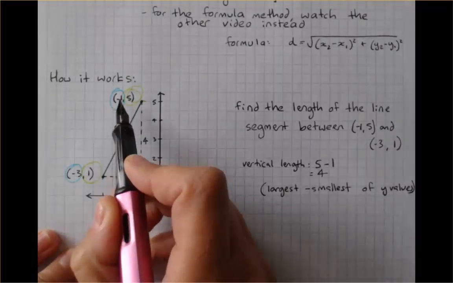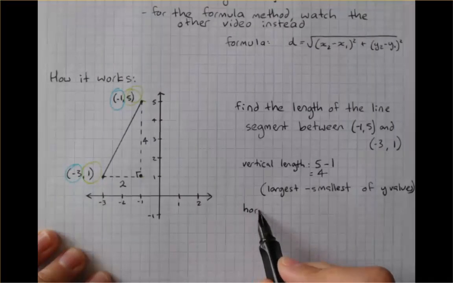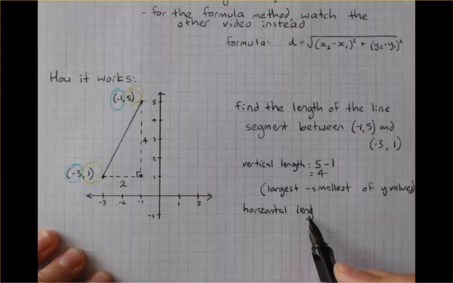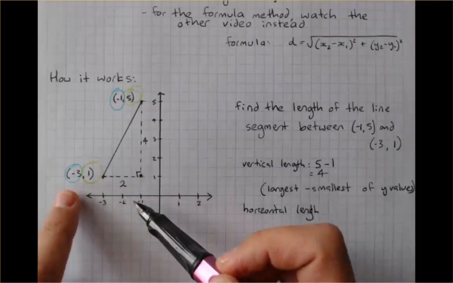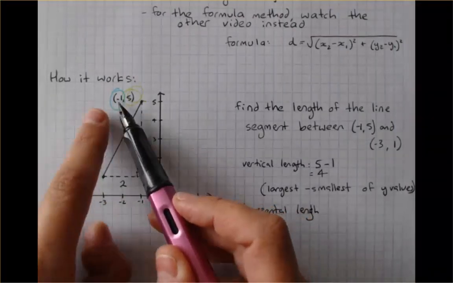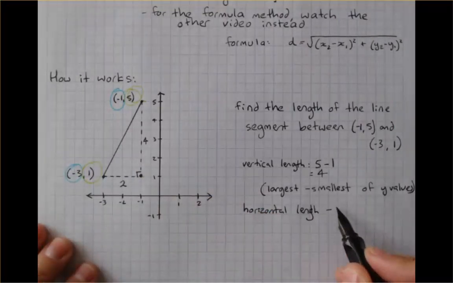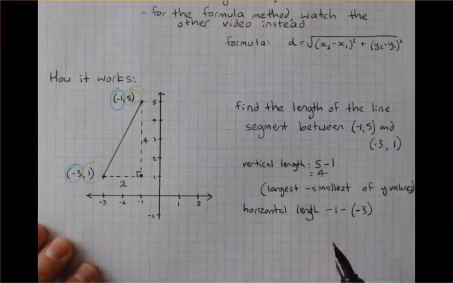Vertical length is 5 minus 1, which is 4. Largest value minus the smallest value of the y's. Remember, we're x and y. The horizontal length is again going to be in the x values, the largest minus the smallest. -1 minus -3.